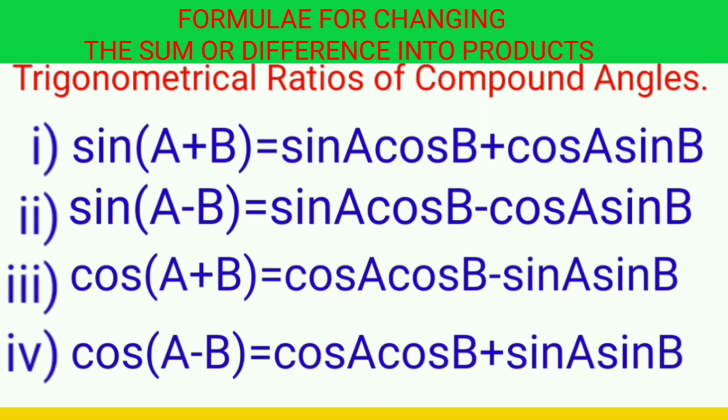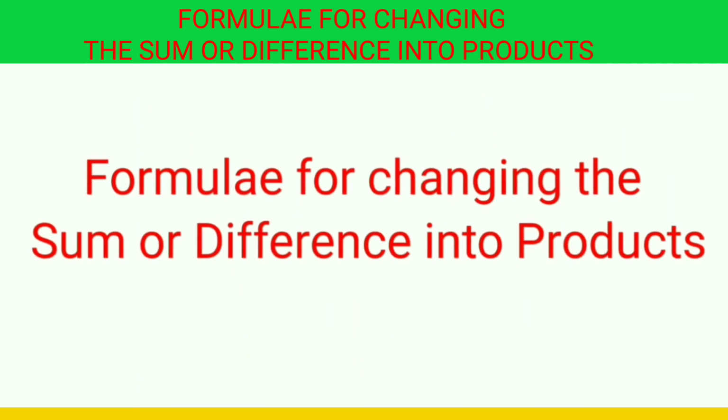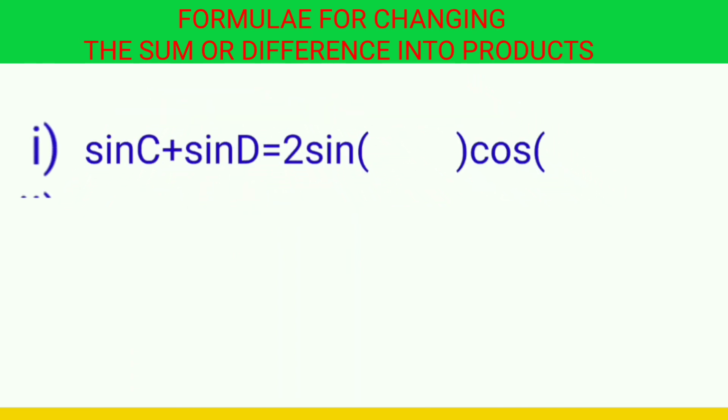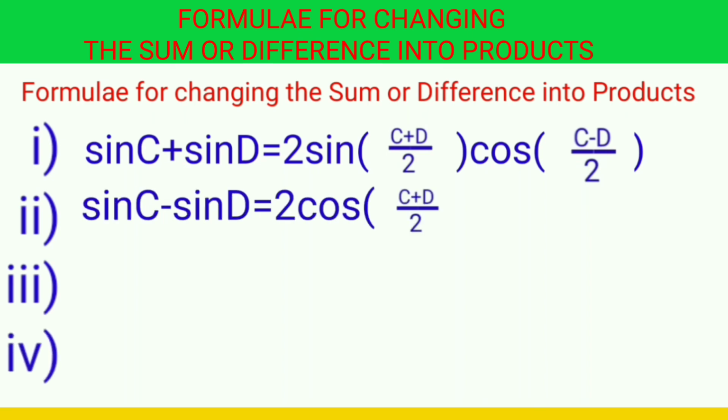Formula for changing the sum or difference into products. Sin C plus sin D is equal to 2 sin of C plus D by 2 cos of C minus D by 2. Sin C minus sin D is equal to 2 cos of C plus D by 2 sin of C minus D by 2.